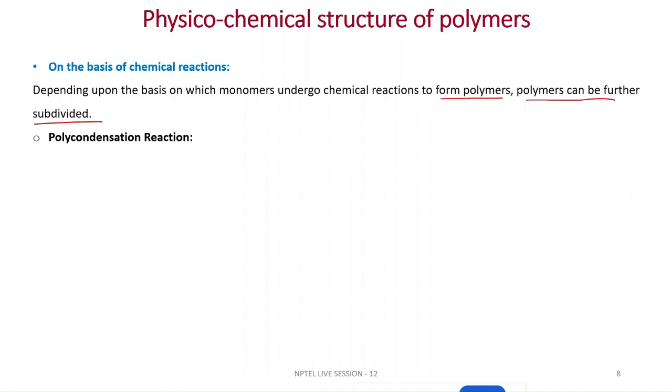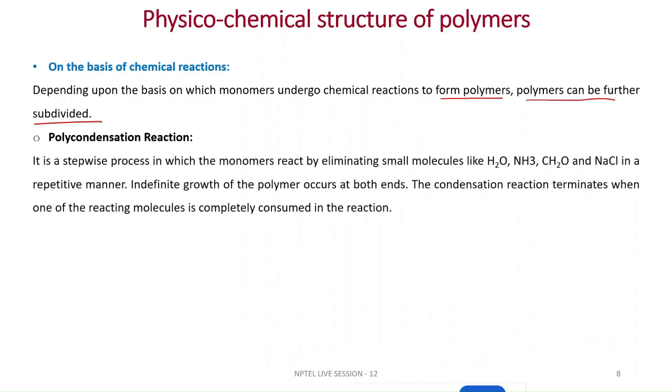In the polycondensation reaction, it is a stepwise process in which the monomers react by eliminating some smaller molecules like water, NH3, HCl, NaCl. This kind of molecule will be eliminated in the reactions between the two monomers, and this will happen in a repetitive manner.